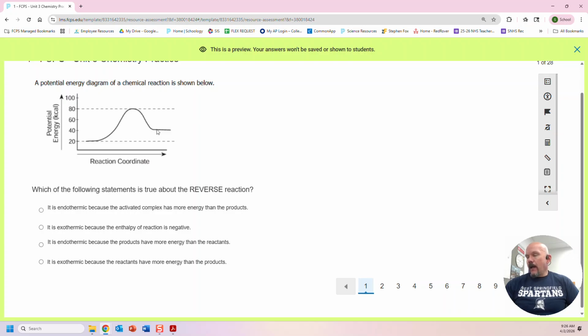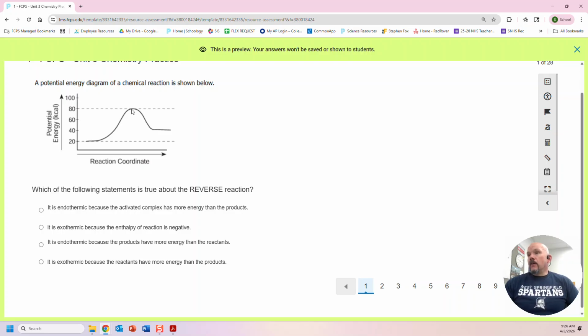So the activation energy of the forward reaction is 80 minus 20, which is 60 kilocalories. But the activation energy of the reverse reaction would be this energy difference from the reactants of the reverse reaction to the top of the hill, okay?